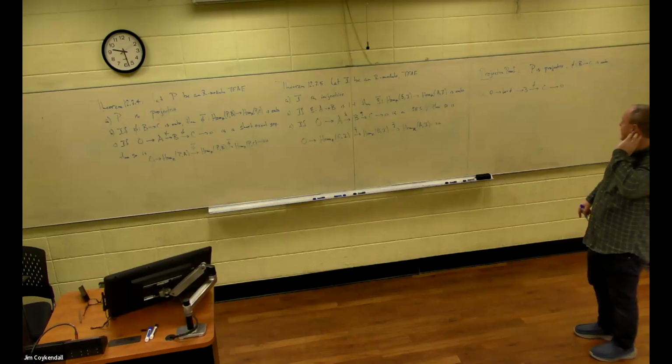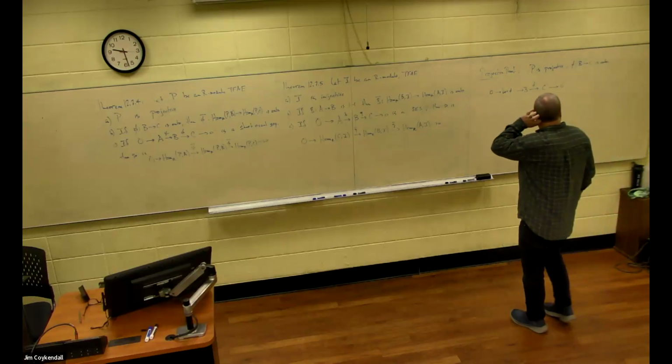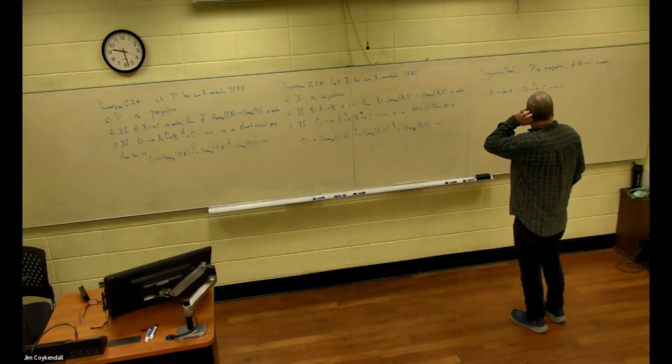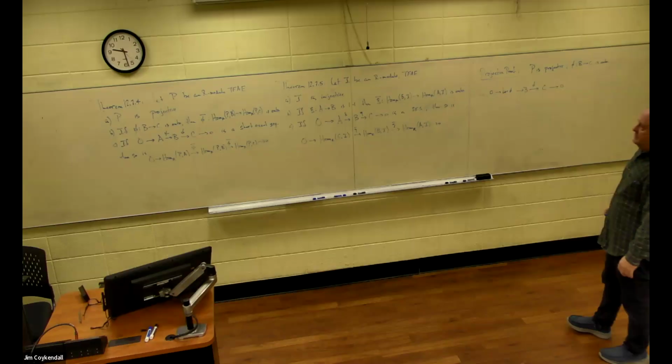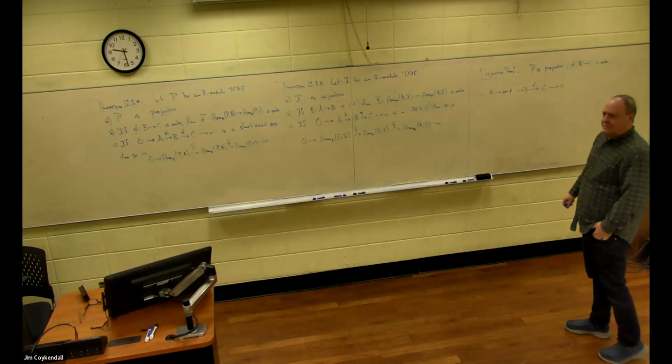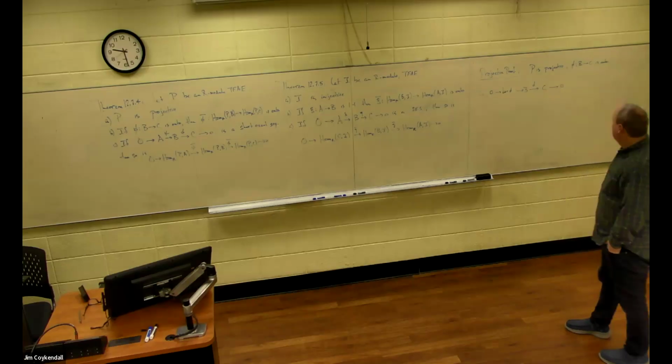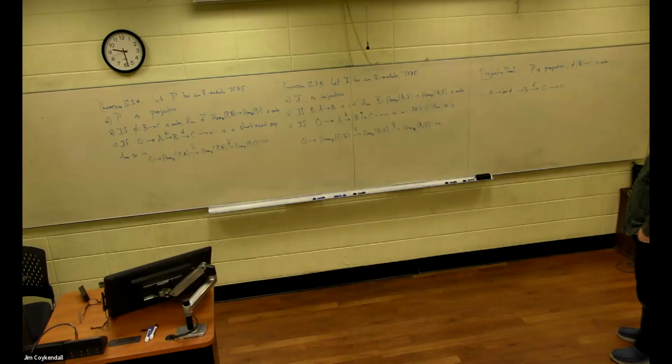Okay, so far. So in particular, how does this help? Isn't there a splitting from B to the kernel of φ?